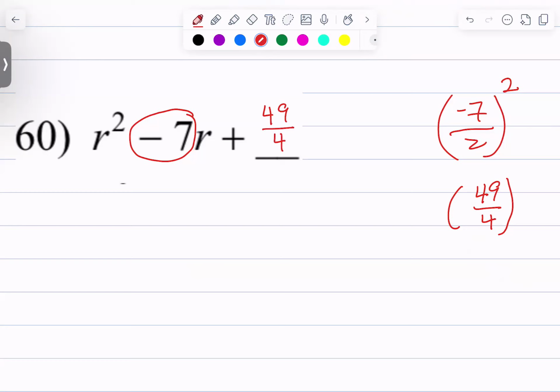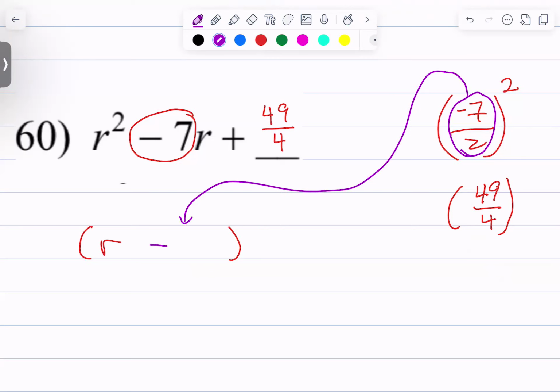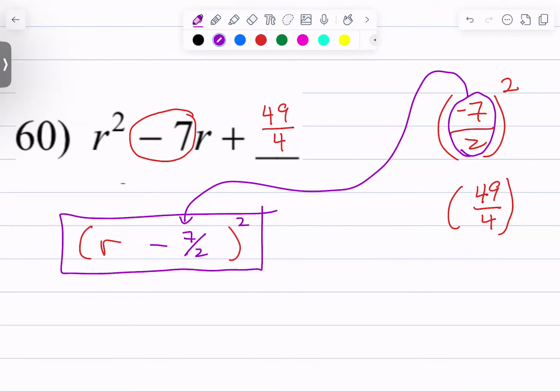So after you halved it and you squared it, so that's R. And since this value is being squared, I'm going to plop it here with that squared. And that's it.